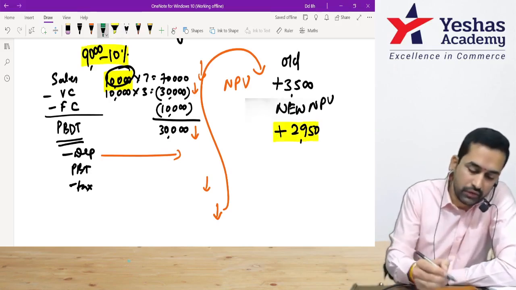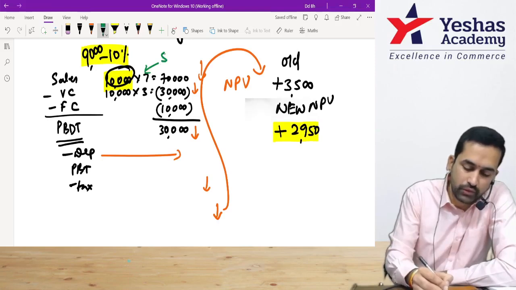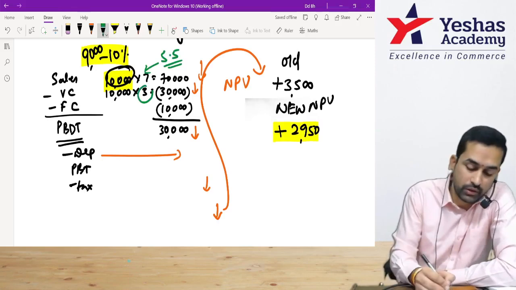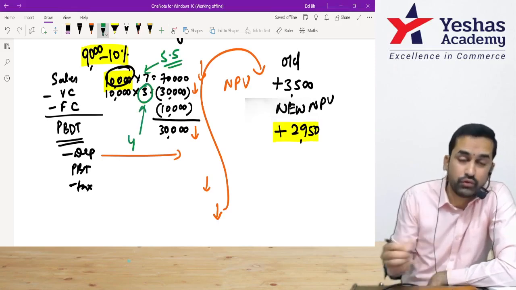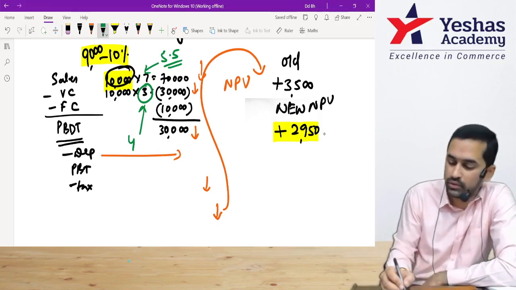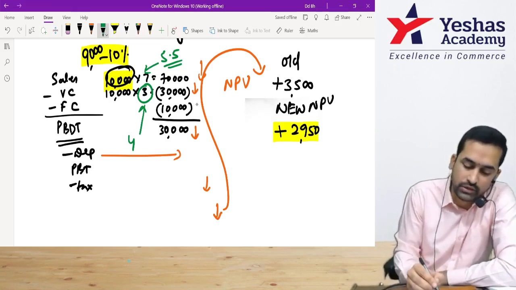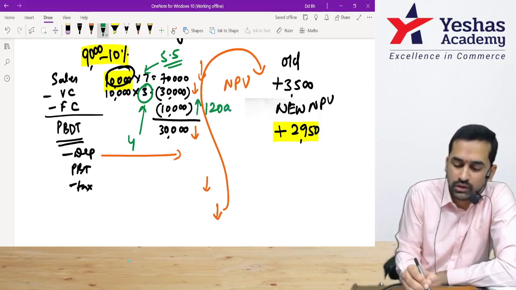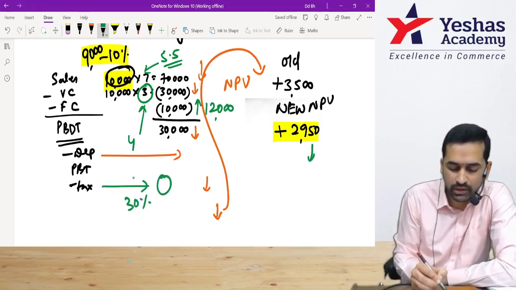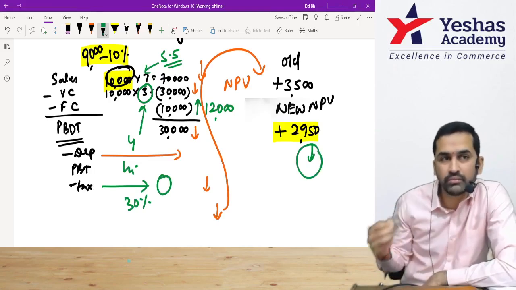Same way, tell me, if your selling price comes down from 7 rupees to 5.5 rupees, will NPV come down? Yes. If variable cost goes up from 3 to 4, I'm taking only adverse variances. If 3 becomes 4, then also your NPV will fall. Fixed cost from 10,000 becomes 12,000, your NPV will fall. What if the government changes the tax rate from 30% to 45%? Your NPV will fall.